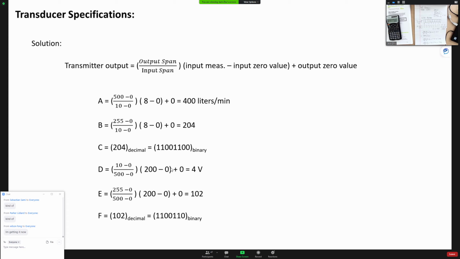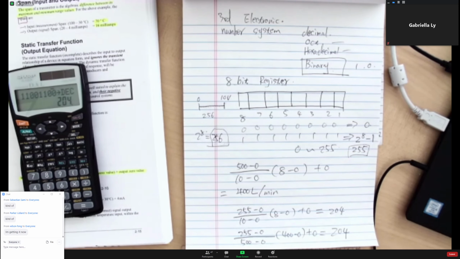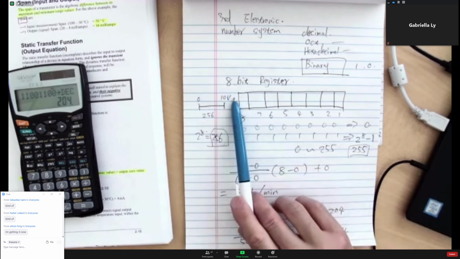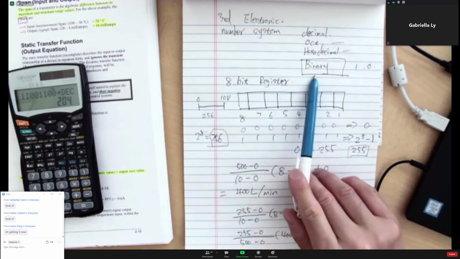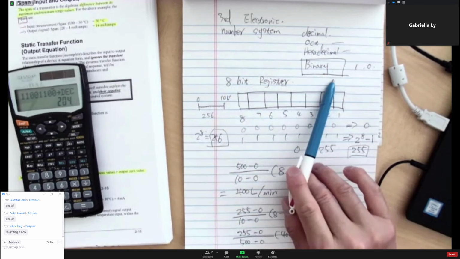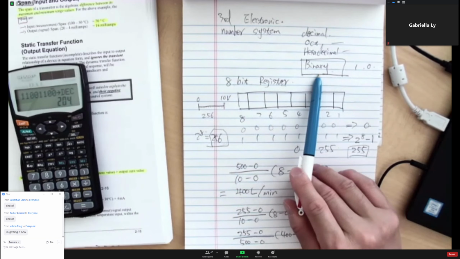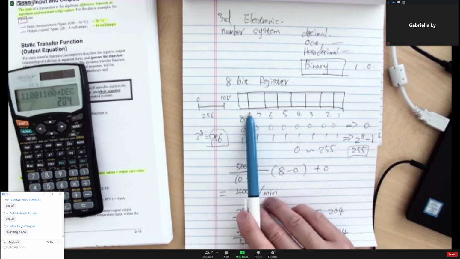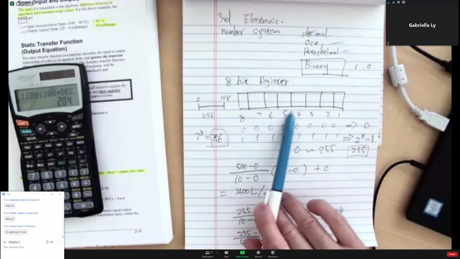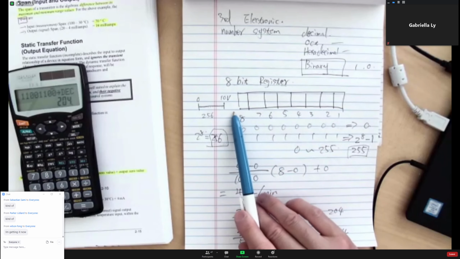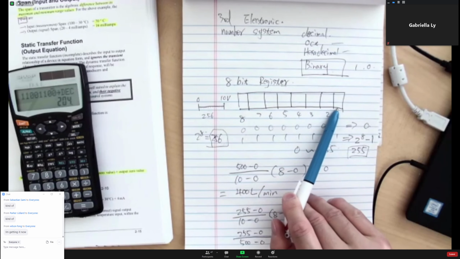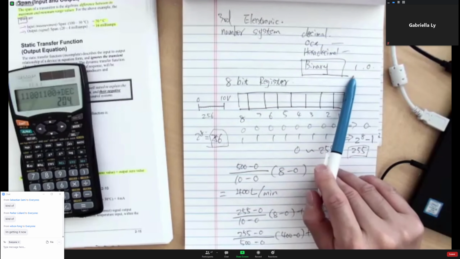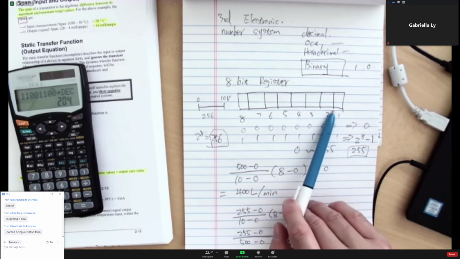If we get that part, the second part we're talking about here is the 8-bit register. That's what you learned in third year about binary. You have 8 bits of binary. That's your storage. Each storage, you can only put either 1 or 0 in there.